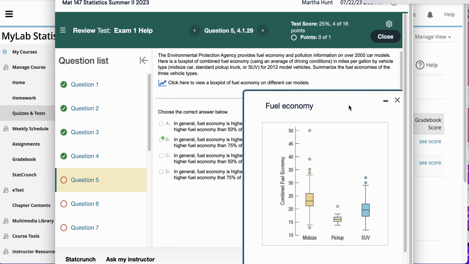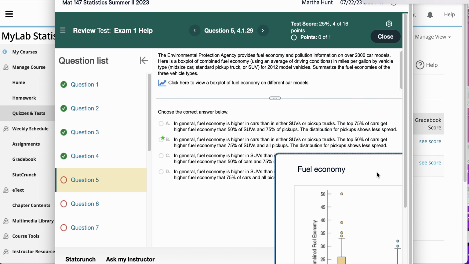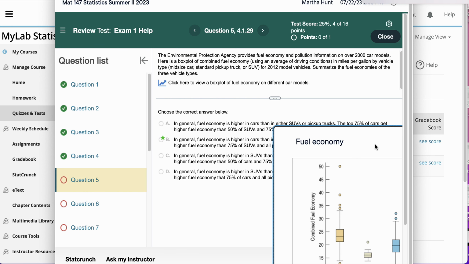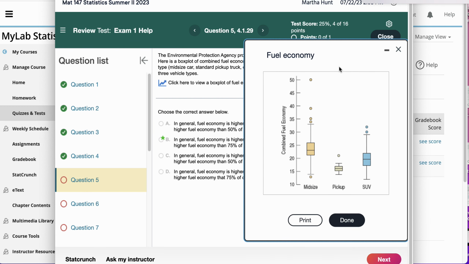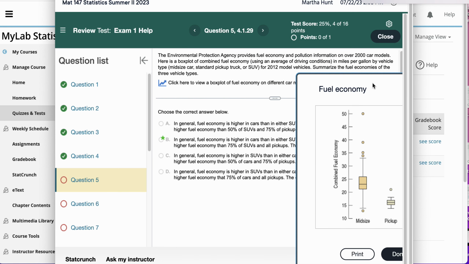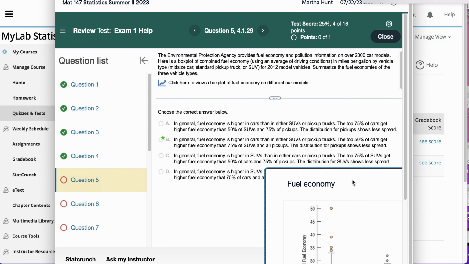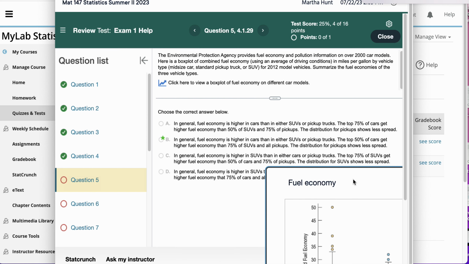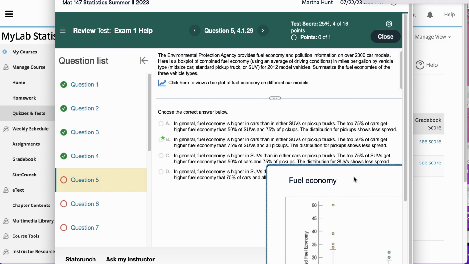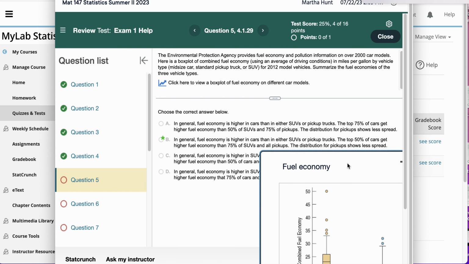So they were talking about mid-size cars. 75% get better fuel economy than 50% of the cars.